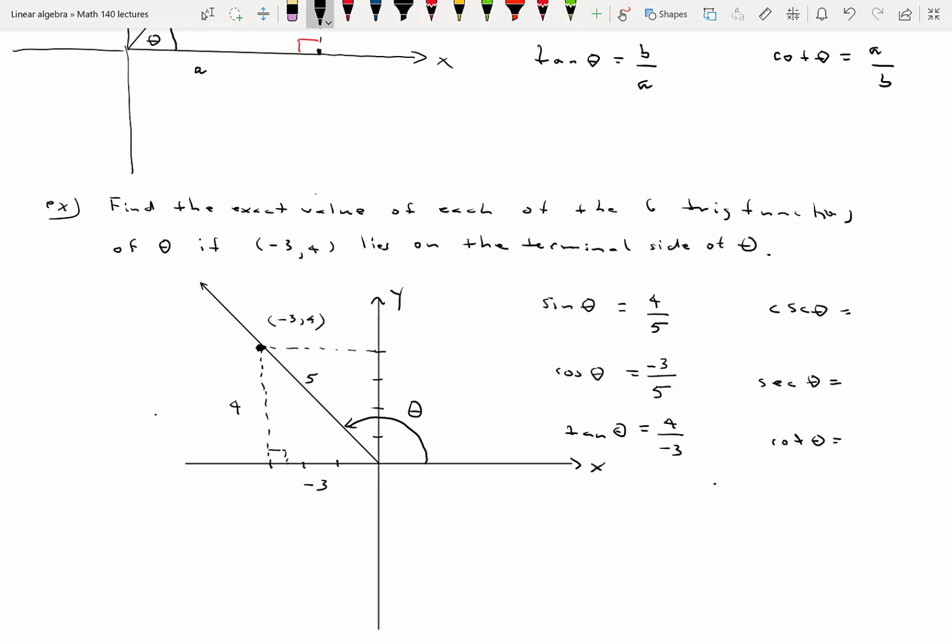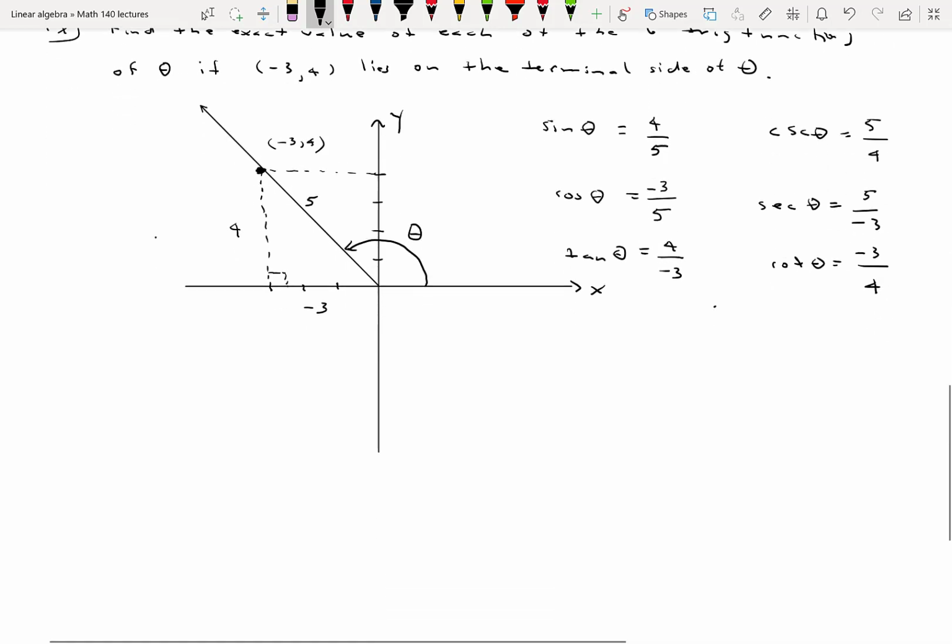The other 3 are still the reciprocals of the first 3 in order. So we have the 6 trig functions now where we can have the angles go beyond 90 or beyond pi over 2. They can be negative. They can be quadrantal. We couldn't have that before.